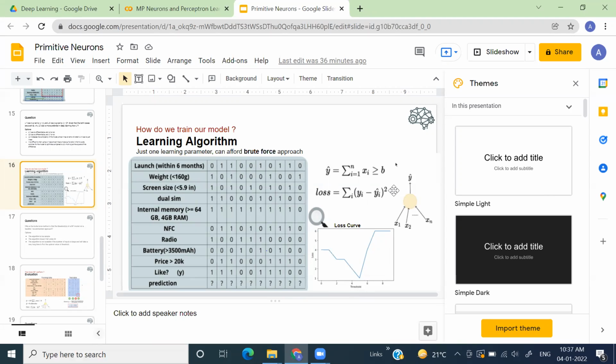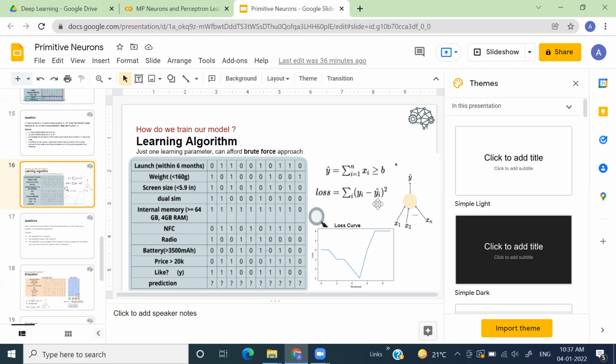So we have to identify that particular value of b which will give me the minimum number of mistakes. So with this brute force approach, I'm able to figure out that if I keep my b equal to 5, I'll be making the minimum number of mistakes. So the optimal value of b comes as 5.